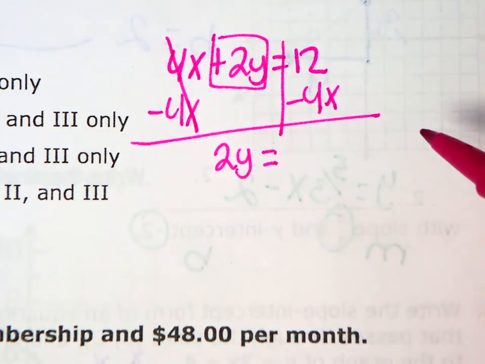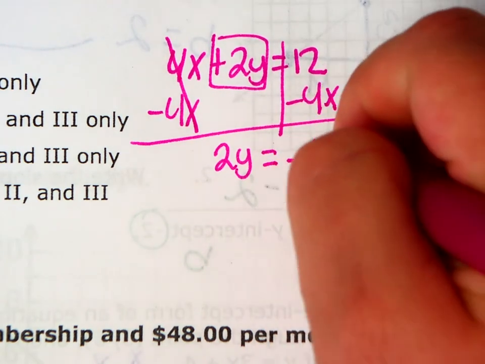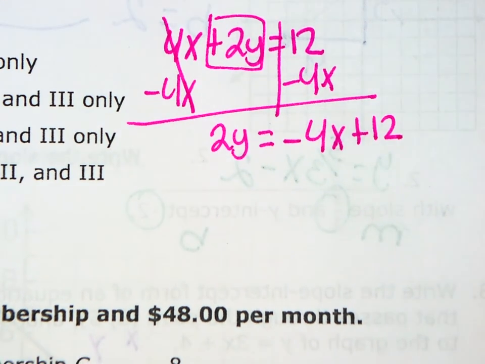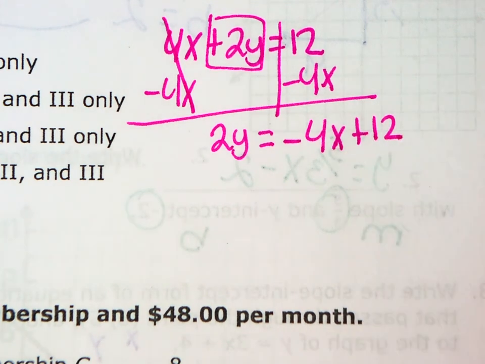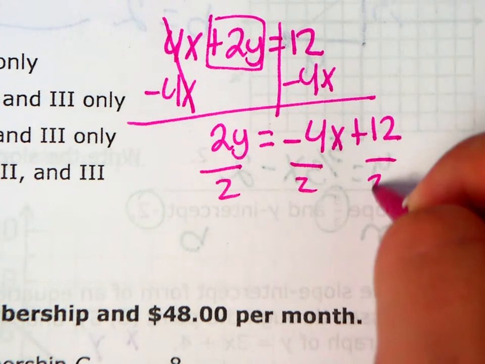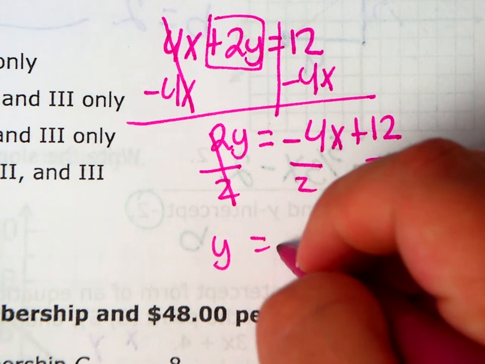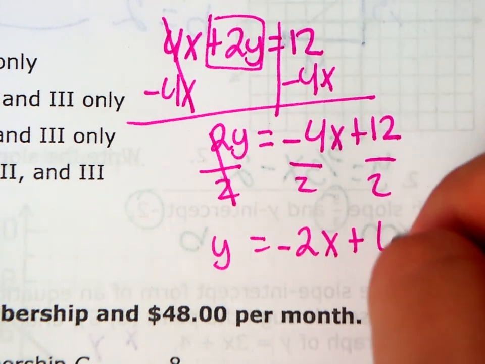No, why not? Because this one has a variable, the other one doesn't. And it's a positive 12. Last and final step is to do what? Divide everything by 2, because you want y by itself. And when you do that, you're going to get y is equal to negative 2x plus 6.